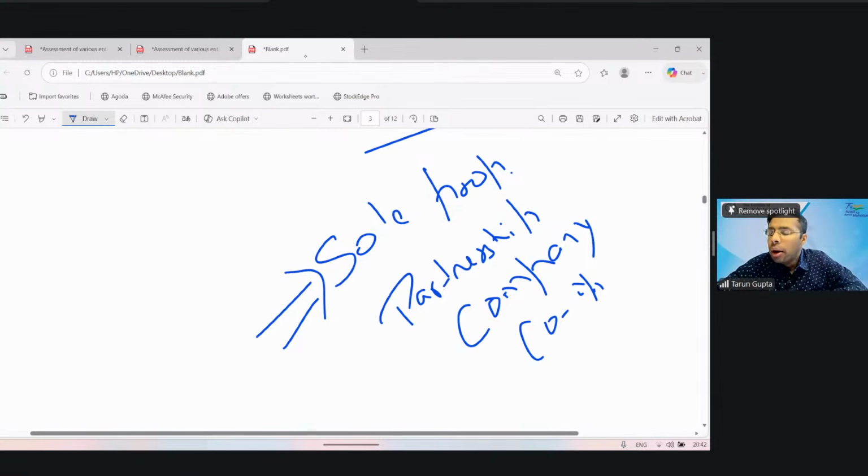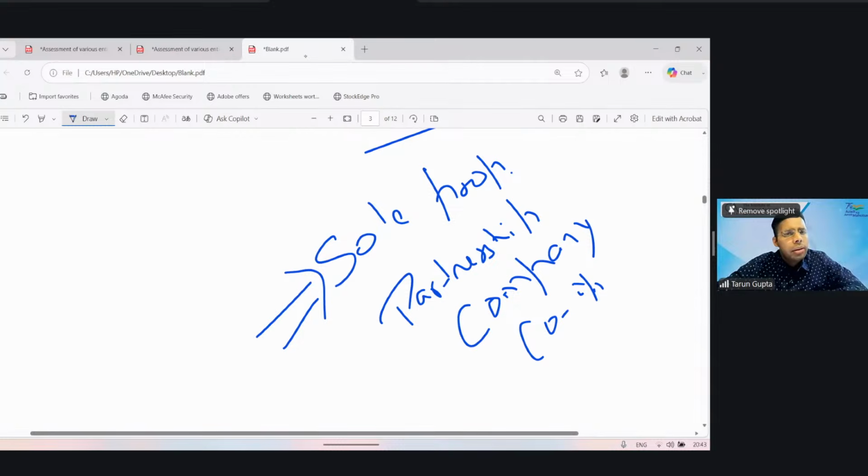But in case of partnership, though it's taxable at 30%, salary and interest payable to the partner is allowed subject to limit, section 40B. Company, we have a concessional tax at 22% or 15% as the case may be. Cooperative society, there is a special deduction under section 80P.